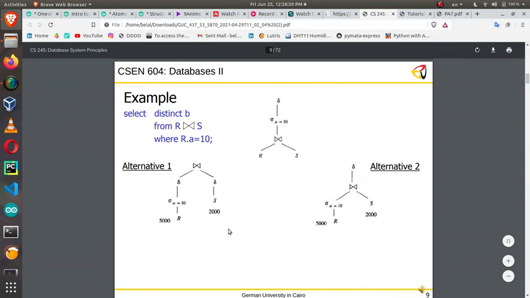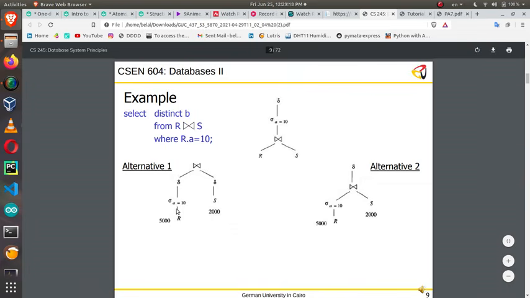So the main goal is to reduce the number of tuples that propagate from the first step till the final step in any given SQL query, to reduce the runtime as much as possible. So this plan is better than these two.